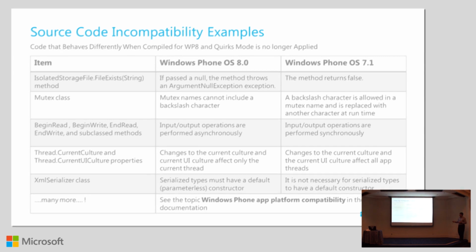This incompatibility happens when you take 7.5 code, compile it in 8.0, and submit it to the store without changing the code. So now you have a 7.5 code which expects the capabilities of 7.5, but now you will be returning values that are 8.0 compatible, right? So you have to keep that in mind. You have all of this documented in the dev center. So if you are having dependencies on any of these APIs, then you need to go and review them and see what needs to be changed.